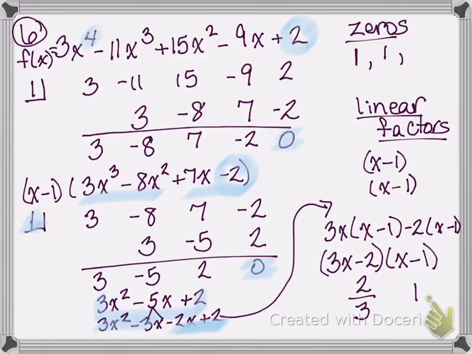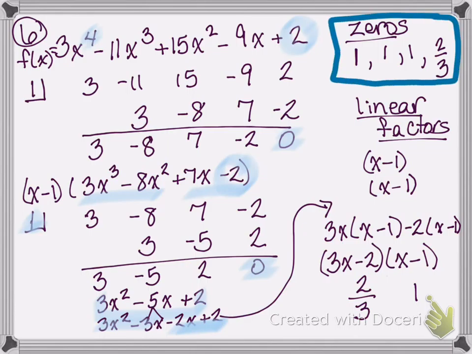So I actually have a multiplicity of 3 when it comes to the 0, 1. So that's a multiplicity of 3. And then my fourth 0 is 2/3. So here, this is part of my answer, these zeros, and they are all rational zeros. I don't have any irrational or complex.